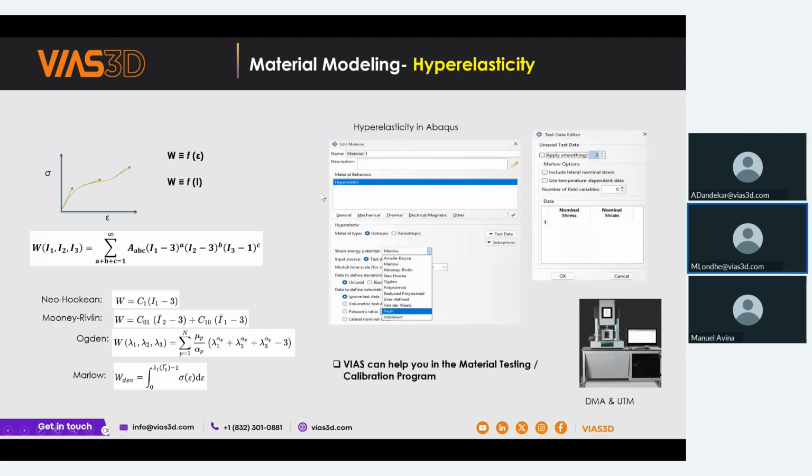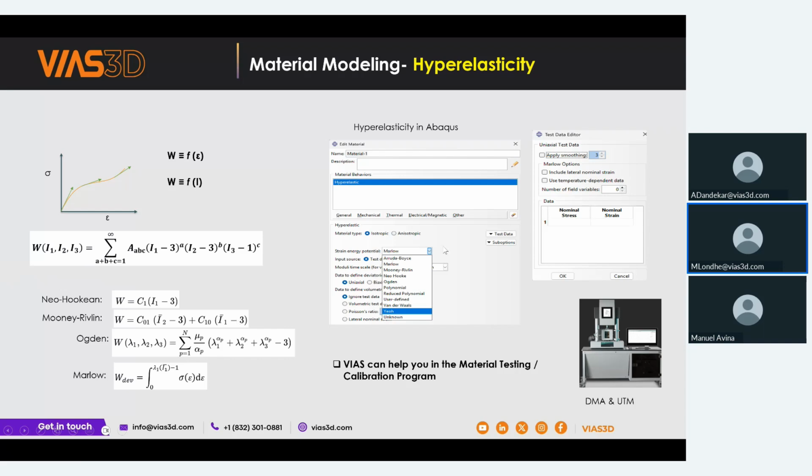In Abaqus, such hyperelastic modeling is very convenient. Abaqus gives a wide range of already existing models, or if there is a new model available in the recent literature, you can model that also using the subroutine function.